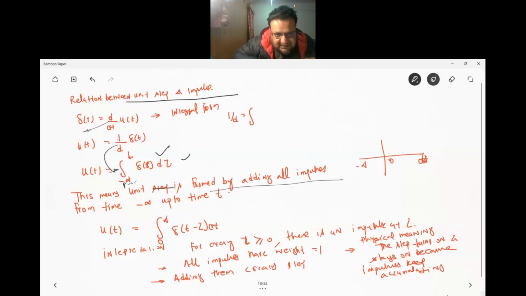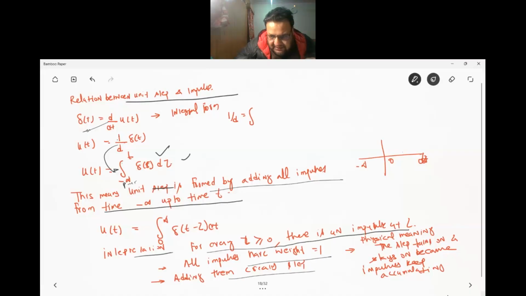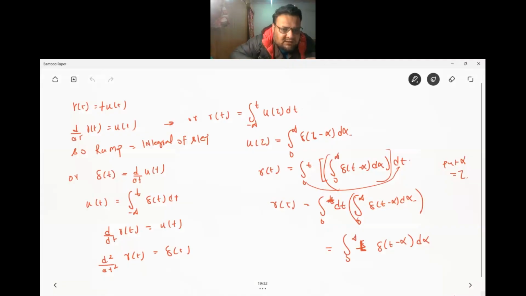This means the unit step is formed by adding all impulses from minus infinity up to the time t. Minus infinity you don't know, so you can also write it like this: 0 to infinity lambda of t minus tau. In this interpretation, for every tau greater than 0 there is an impulse, and all impulses have a weight of 1. Adding them basically creates the step. This is the meaning of this.